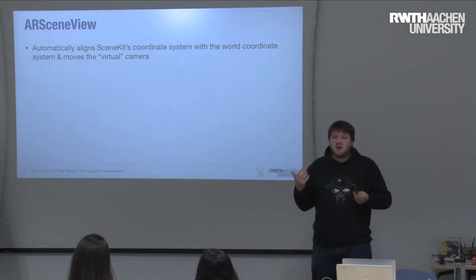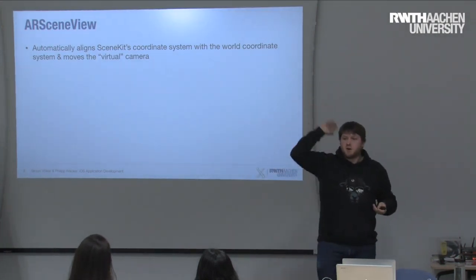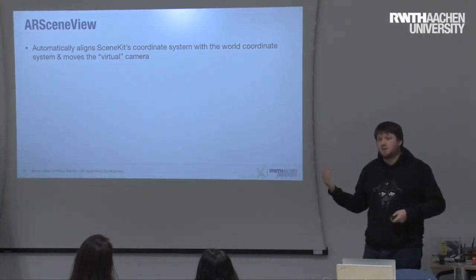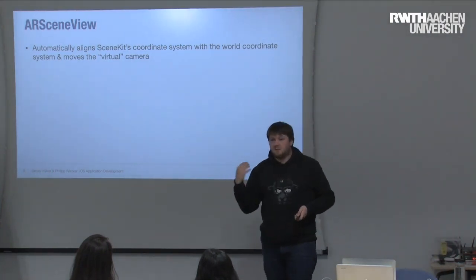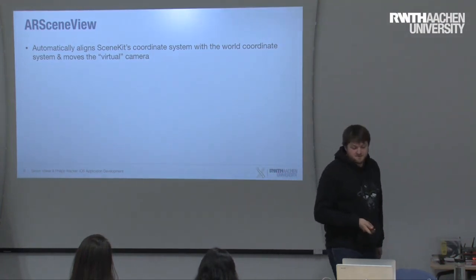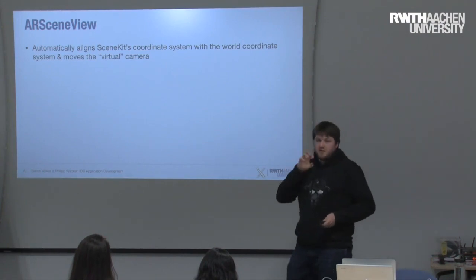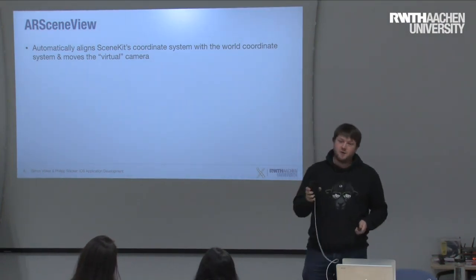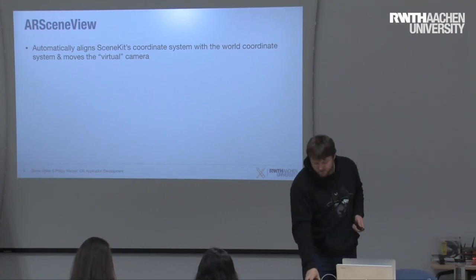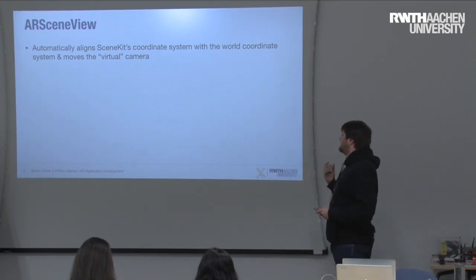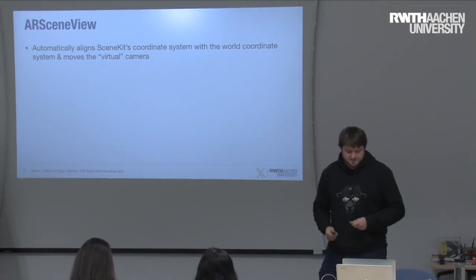If ARKit tells me there is an object at location 333 or whatever, then it is also at that same location in the SceneKit coordinate system. So I can directly place the images or the elements in there. In fact, the camera that you control by holding your phone is the same as the camera in the SceneKit system.